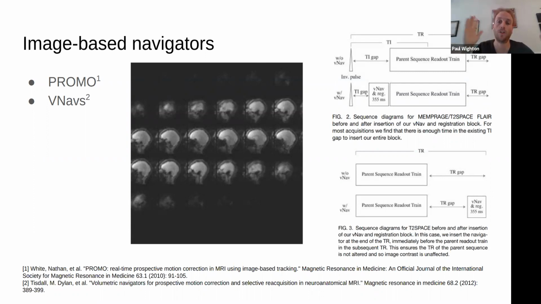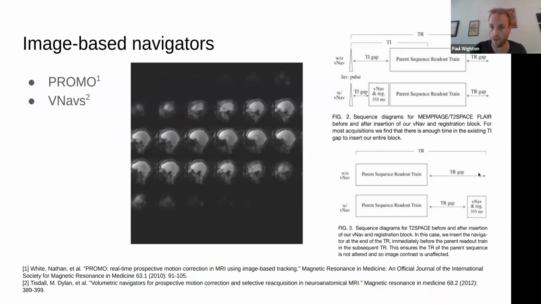These navigators are much longer than k-space-based navigators. For example, VNavs here, and it's VNavs for Siemens, and it's PROMO on GE. These are 355 milliseconds. And for some sequences, that works really nicely. So for example, these two sequences here, multi-echo MPRAGE and T2 SPACE, there's natural gaps in the sequence anyway. In the case of the MPRAGE, there's the TI gap.